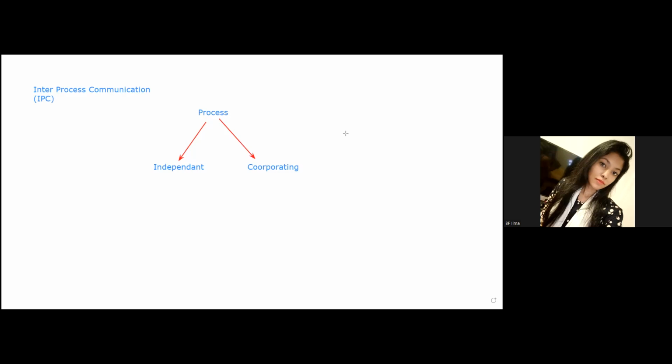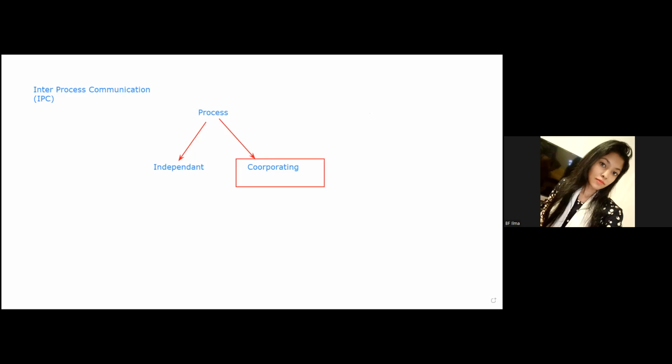So if any process shares data with another process, automatically it falls under cooperating processes. There are advantages and necessities for why a process needs to communicate with another process, so you can look more into that. Basically we will be considering cooperating processes here.